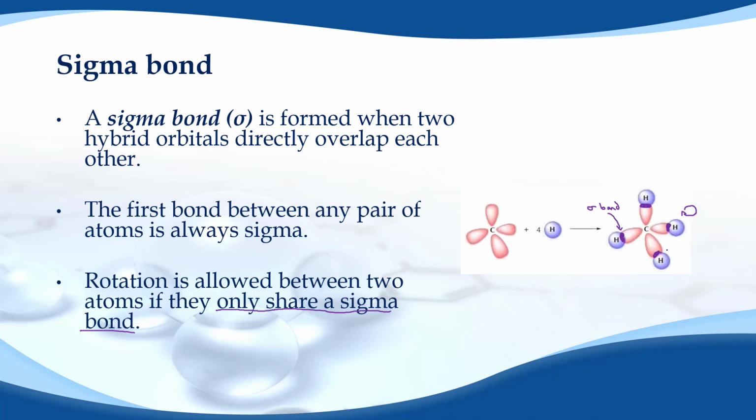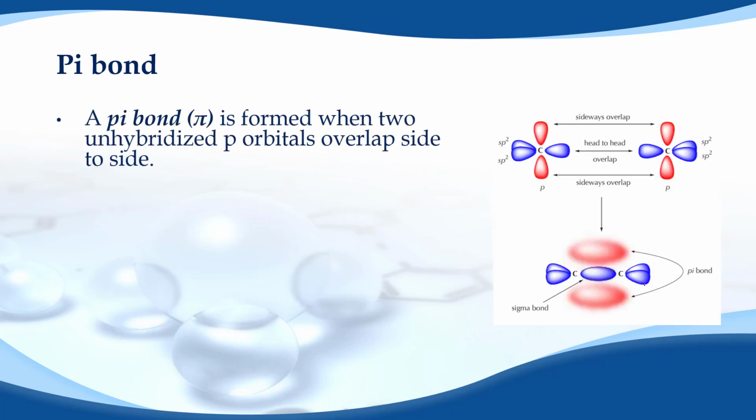Now, our other type of bond is a little bit more structured, shall we say, and that is what's called a pi bond. With a sigma bond, you have direct overlap, and the two orbitals merge into each other. Pi bonds are when you have side-to-side overlap of orbitals. That can only happen between p orbitals themselves, so unhybridized p orbitals are what are responsible for forming pi bonds.